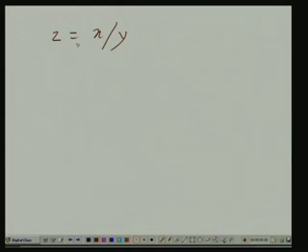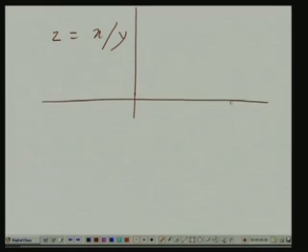For a given Z, it is x equal to y Z, or y equal to x by Z. Depending on whether Z is positive or negative, I get a straight line always passing through the origin. If Z is positive, it will have a slope like this, it will pass through the first quadrant.